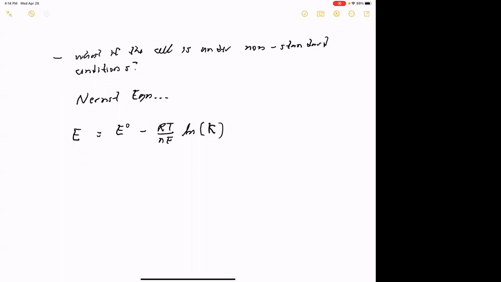E is potential. That's the measured potential. E naught, that's a standard reduction potential.